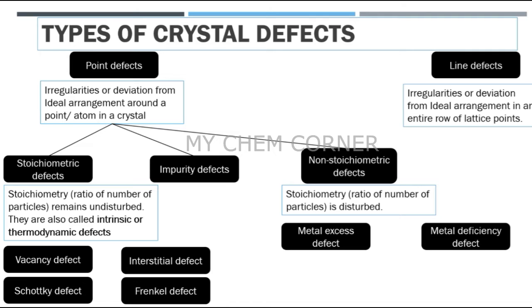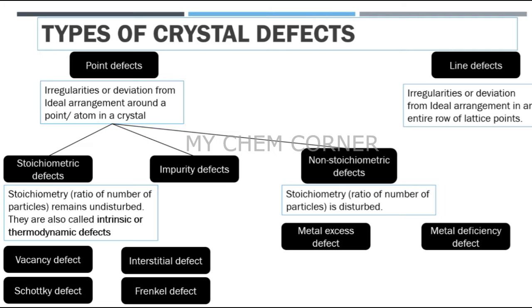If you're talking about metal deficiency defect, you could have a removal of a metal probably, but you might have say an introduction of an electron in that case. So what happens there is that you're having deficiency of a metal, right? So these are the 2 types of non-stoichiometric defects. One is metal excess defect, the other one is metal deficiency defect.